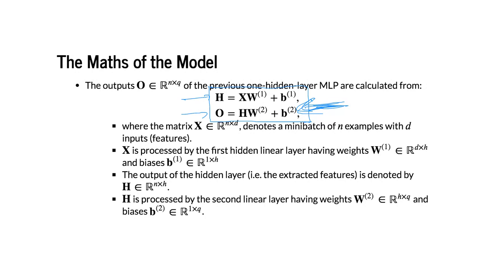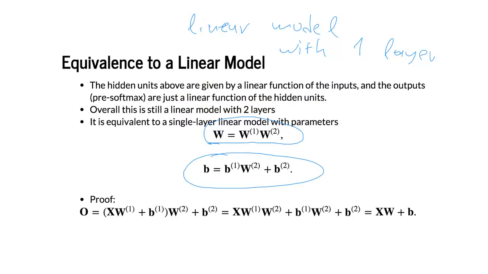Still, if we stack many linear layers on top of each other, what we get is still a linear model. And for this particular example, this single layer model can be defined using these weights and this bias.